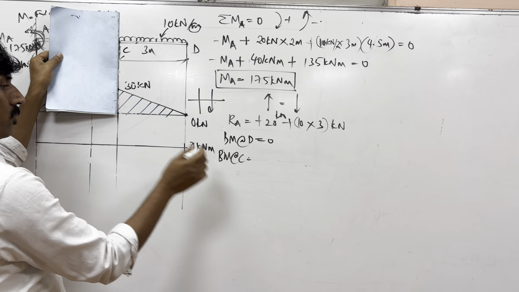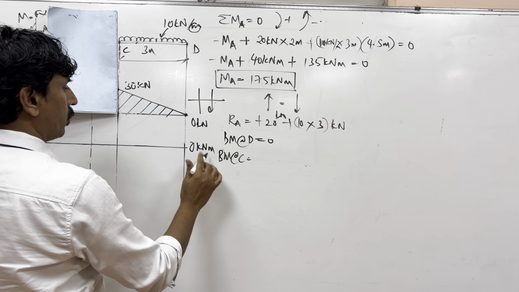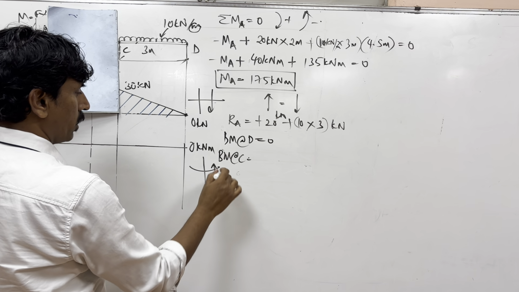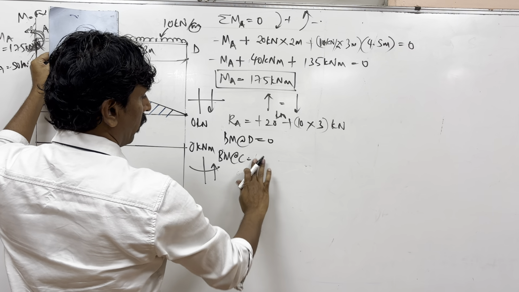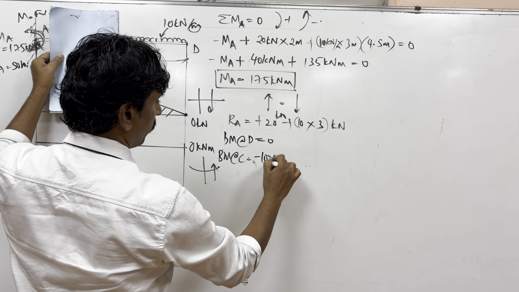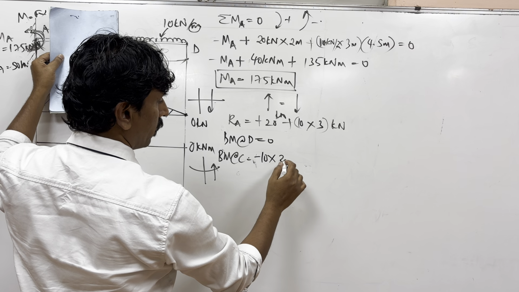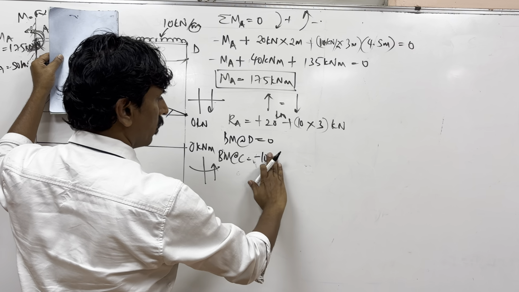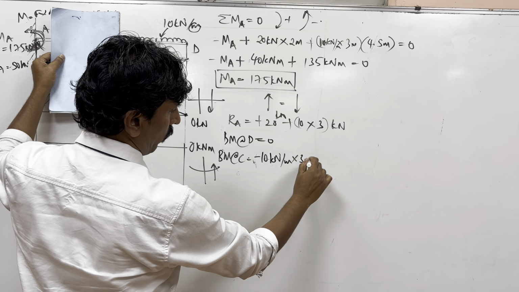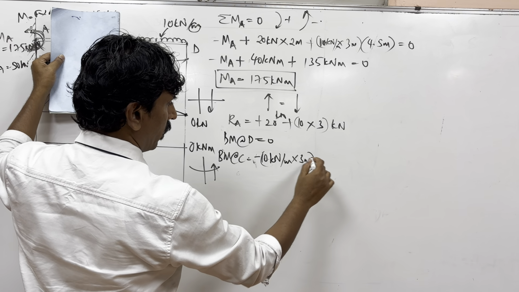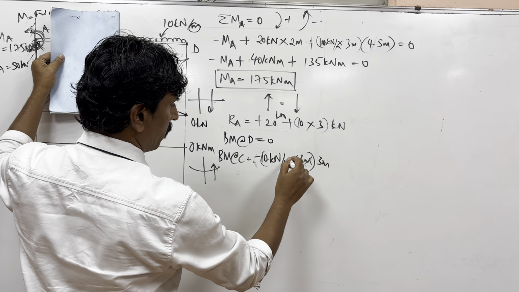Bending moment at C is, as per the convention here, anything going upwards is positive, but it is going downwards. What is the value here? Minus 10 into 3. So minus, okay, write with units. Kilonewton per meter for 3 meters. Distance is 3 meters, so meter cancels out.